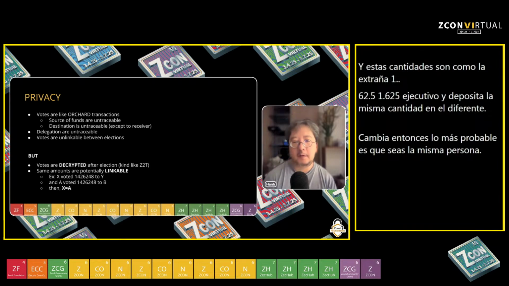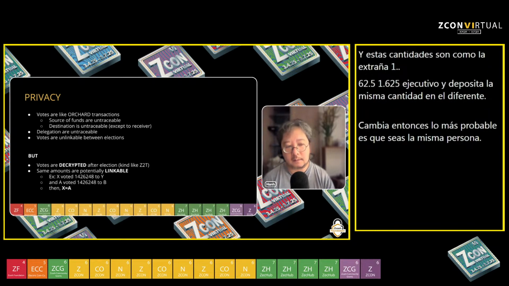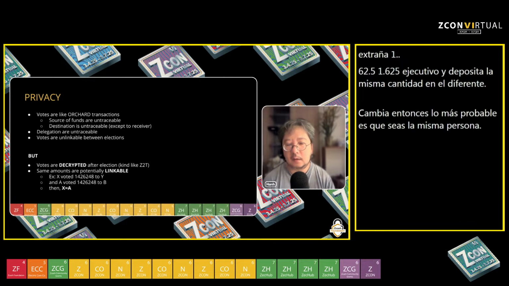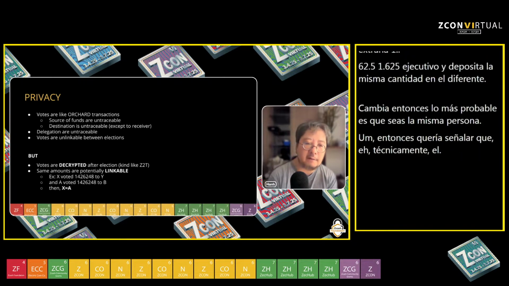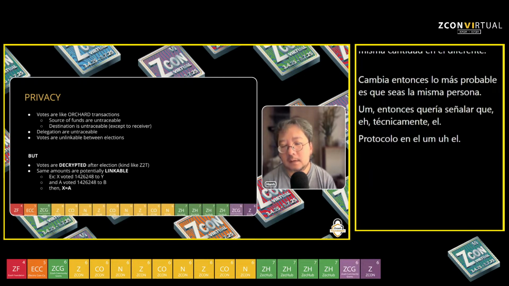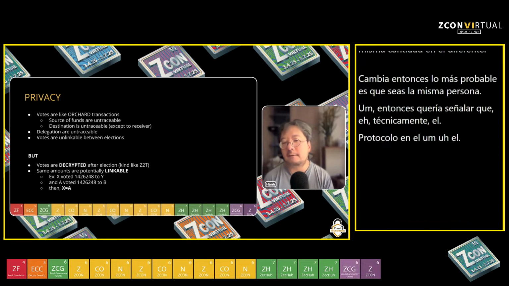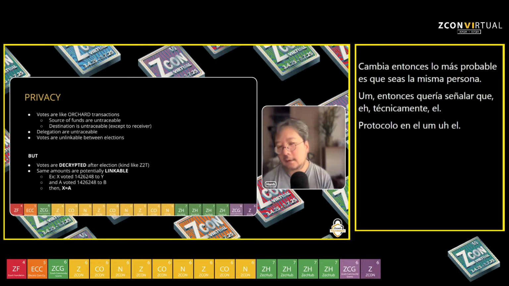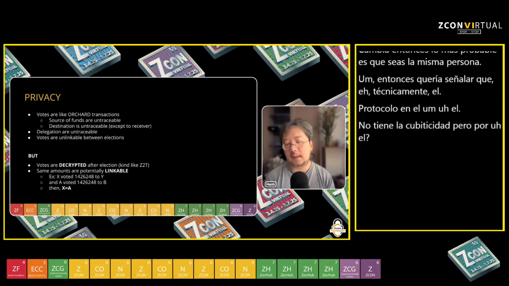So I wanted to point out that technically the protocol does not have linkability, but because the results have to be disclosed, there's linkability at that level.